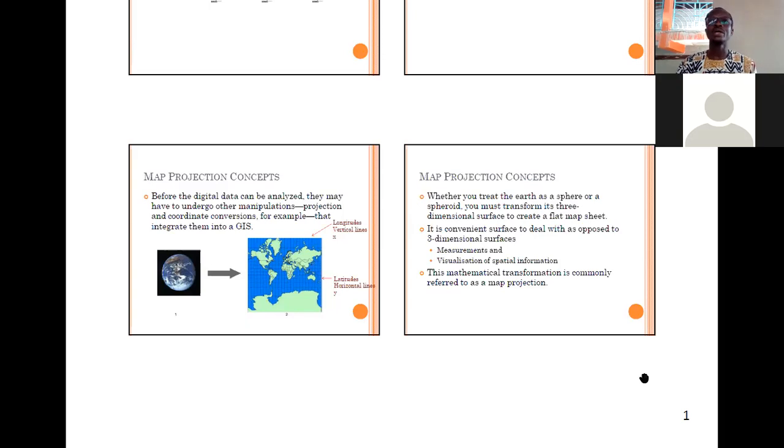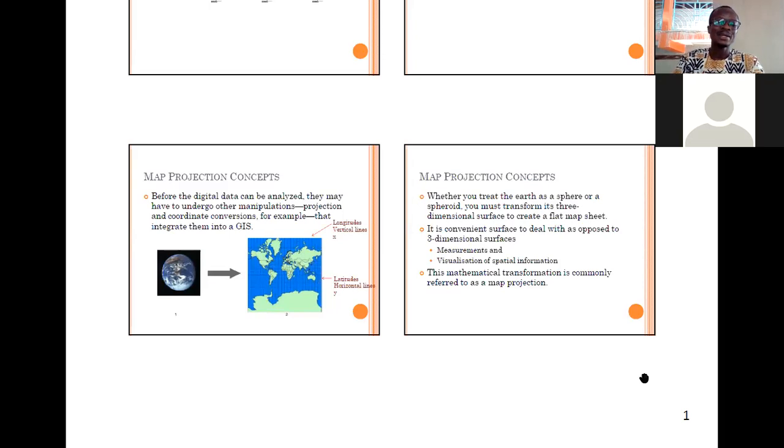All right. Integration of data into our GIS makes it fundamental that we understand the concept of map projection, because we receive data and the data may not be in the projection of interest. Therefore, get to know what the projections are. Once you know what they are, then you know exactly how to transform them.